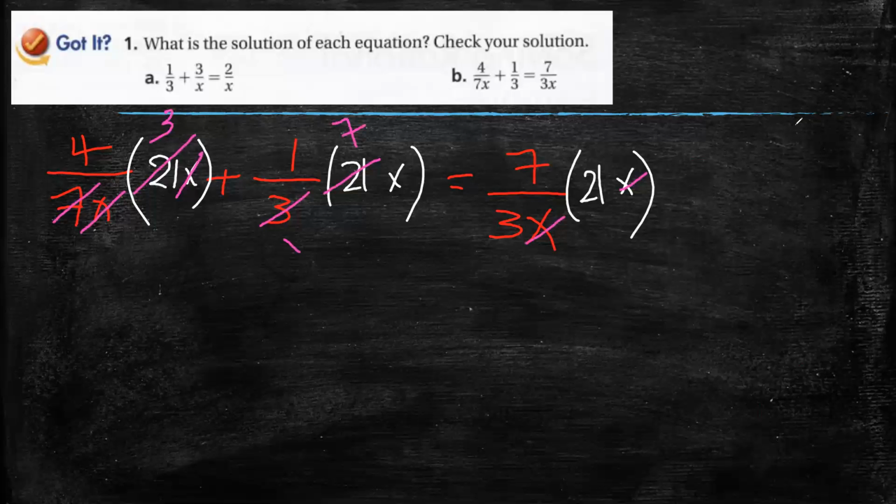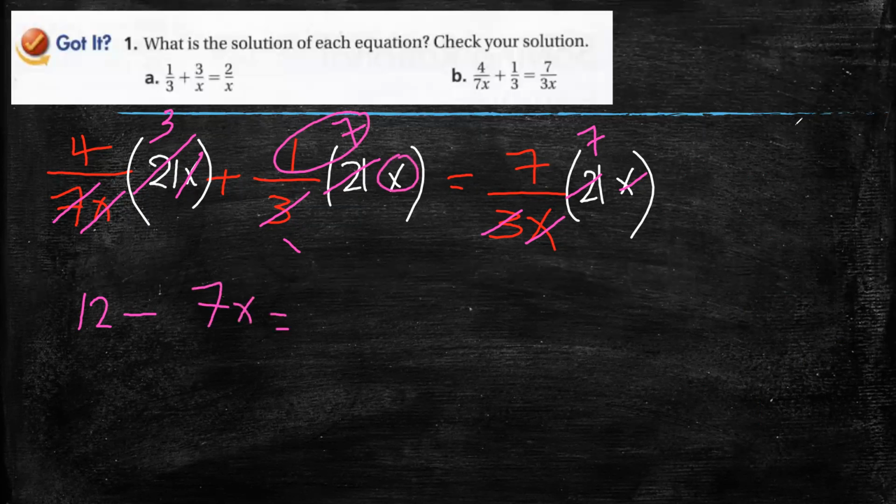And x with x, 3 with this one, we have 7. So 4 times 3 is 12, minus 1 times 7 times x, we have 7x, must be equal to 49.